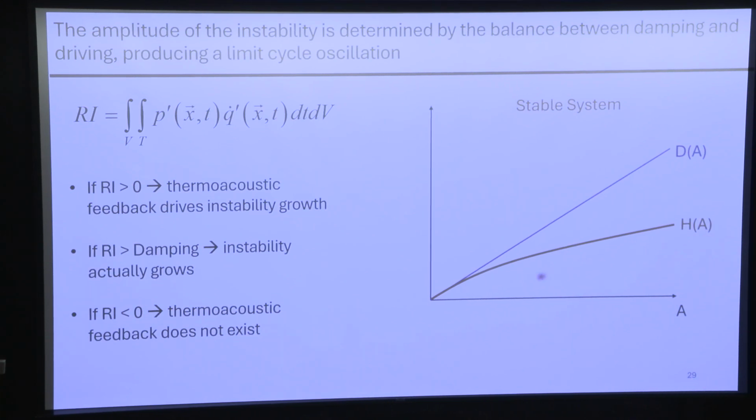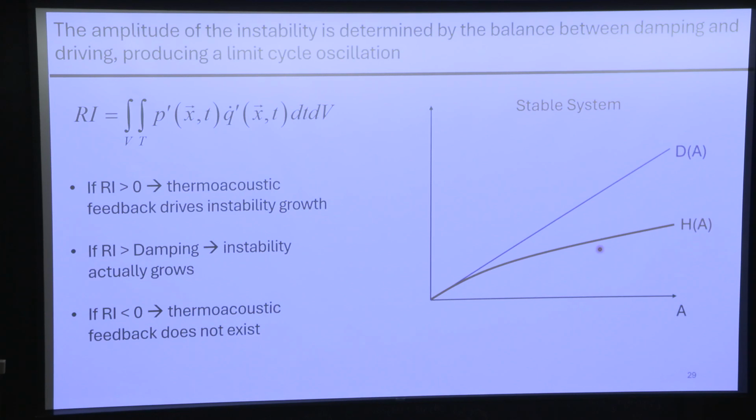You can see that as a function of amplitude, the thermoacoustic driving never gets greater than the damping. And so if I always have a competition between these two things, I will never see a tone because it'll be damped out. One thing you'll notice, and we'll get to this a little bit more in a second, is that this is not a line.